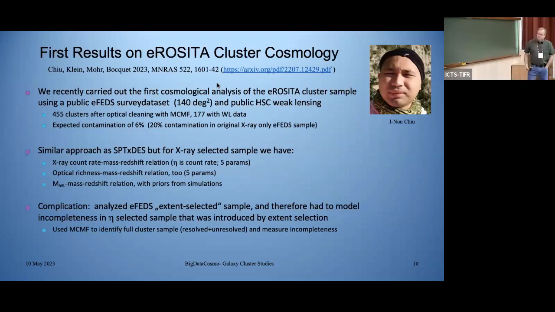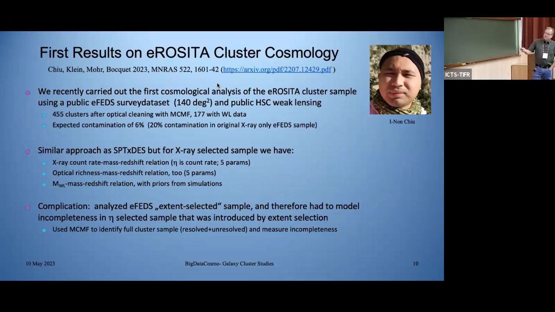Okay, but the result I hope to present today, the first of the two, is the first results in eROSITA cluster cosmology. So Yen-Ling Chiu, Professor Chiu, led this result, but Matthias Klein, Sebastian Bocquet, and I were involved. What it is, a test field of 140 square degrees called EFEDS, carried out by eROSITA early in the mission.